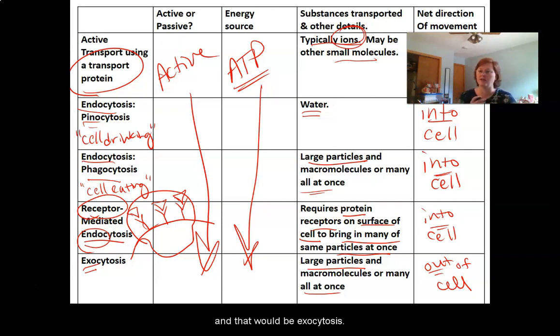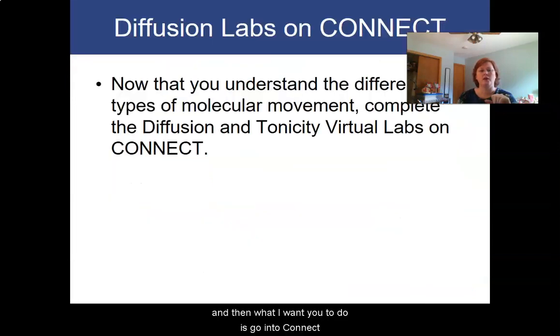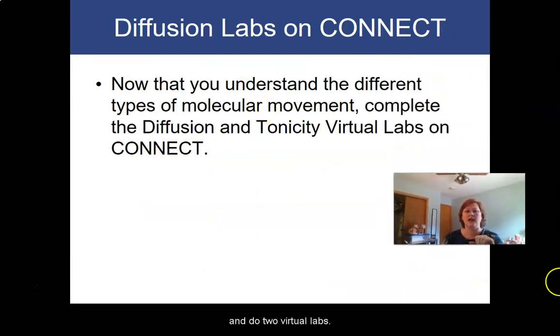And that would be exocytosis. So review these different types of movement across membranes, and then what I want you to do is go into Connect and do 2 virtual labs. One is on diffusion and one is on tonicity.